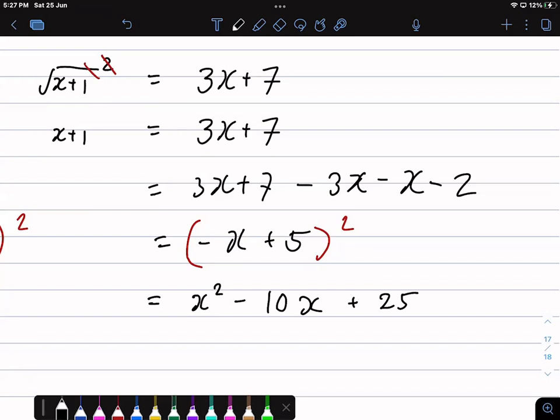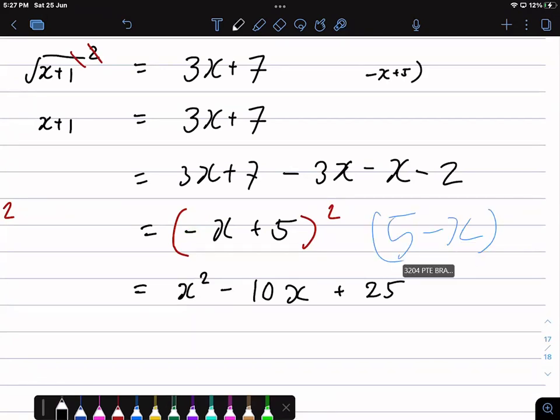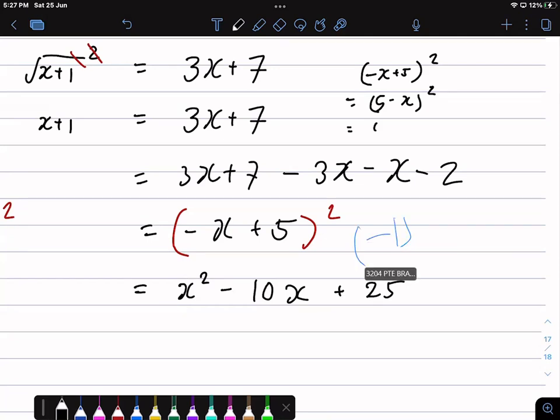Good. Okay, maybe this one, when you see minus in front, it's a bit distracting. So here's a suggestion. Whenever you see something like 5 minus x, here's what I usually do. I like my x to be positive 1x. So what I do here is I factor out a negative 1.